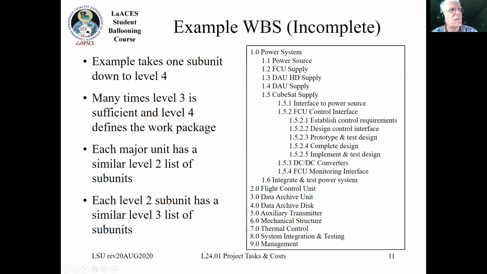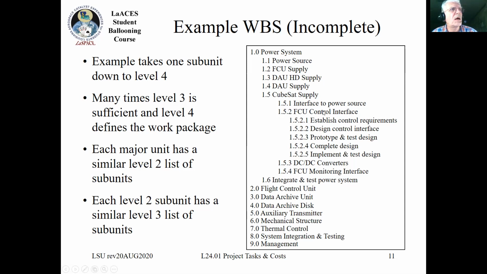These are all the major entities making up this one system. Underneath power system, there's a power source, the FCU supply, HD supply, et cetera, and then the CubeSat supply. As we start defining what this CubeSat supply is in the power system, we determine that there has to be an interface to the power source, which is up here.